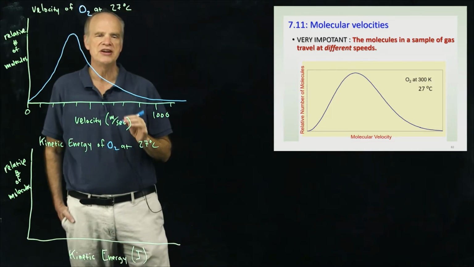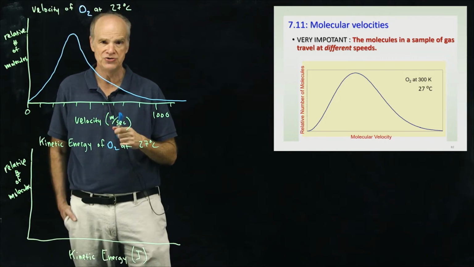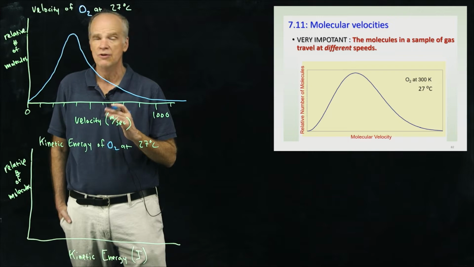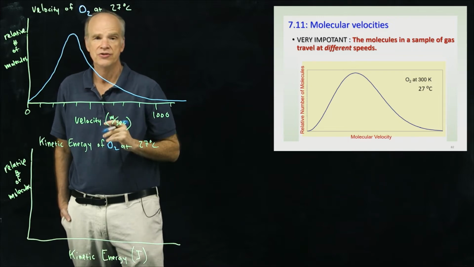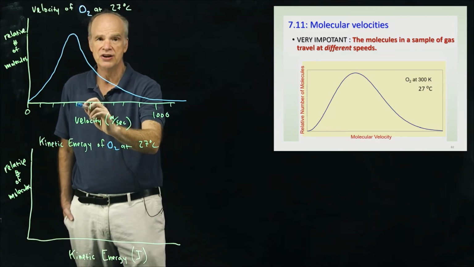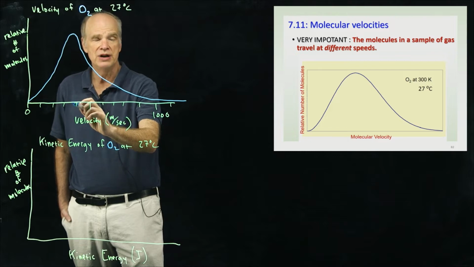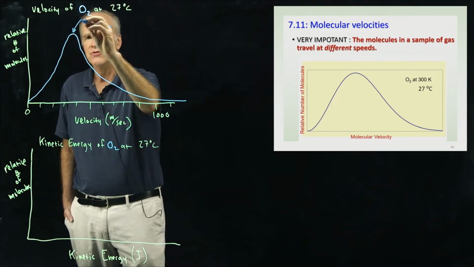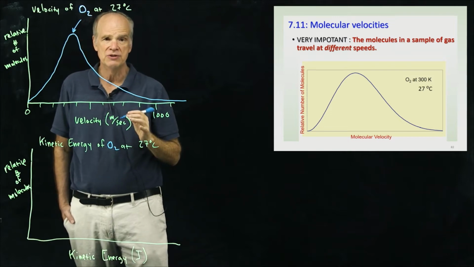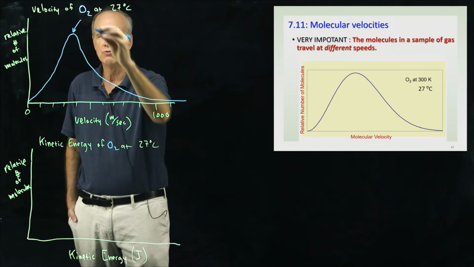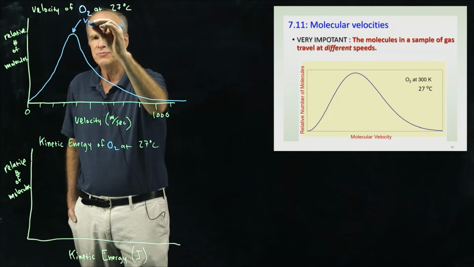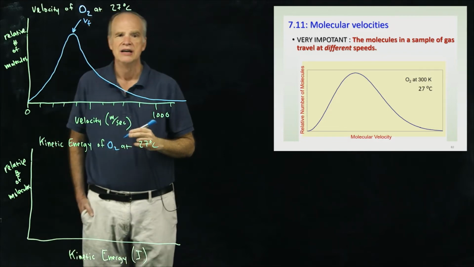And so this is a reasonable graph of the distribution of the velocities of oxygen molecules when you have a sample of oxygen. Here we can notice at what speed we have the largest number of molecules. This may be the most frequent speed or velocity. So we'll say V for velocity, and for the most frequent speed, we'll have an F there.